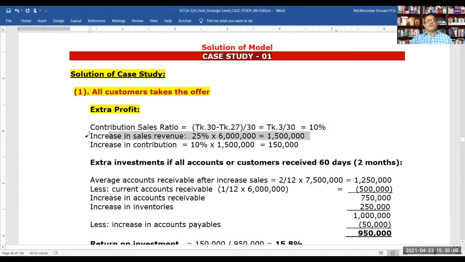This sales revenue will increase if the policy changes. Increase in contribution, how much will the contribution increase? This 10% multiplied by the increased sales revenue of 1.5 million gives 1,50,000. Increase in contribution, 1,50,000 taka here.